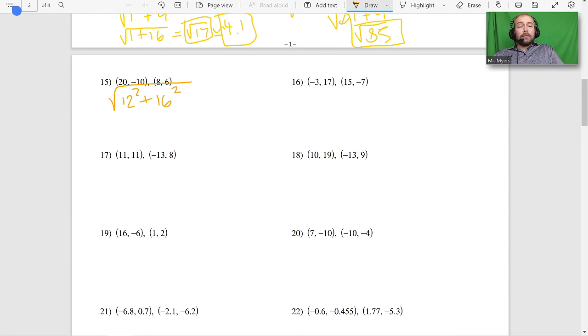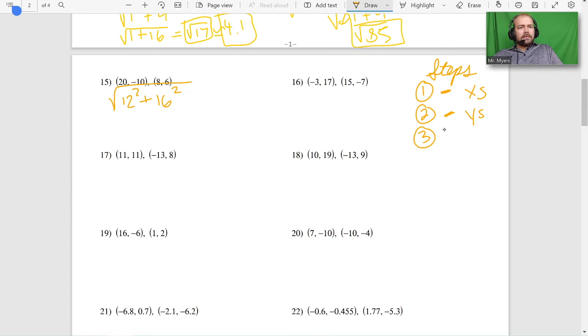So basically, if you're going to write this out in steps, here's what you do. You take the difference, you subtract the x's, then you subtract the y's. Still with me? Subtract the x's, subtract the y's. 12 and 16.